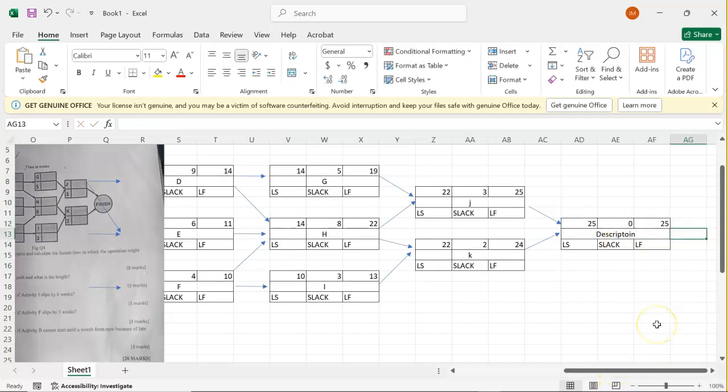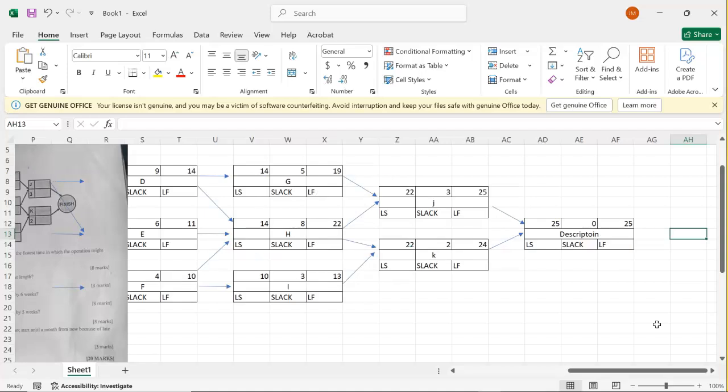So when we get to the end, we bring this 25 down, it will be the latest finish. So we bring that 25 down here. You see that?